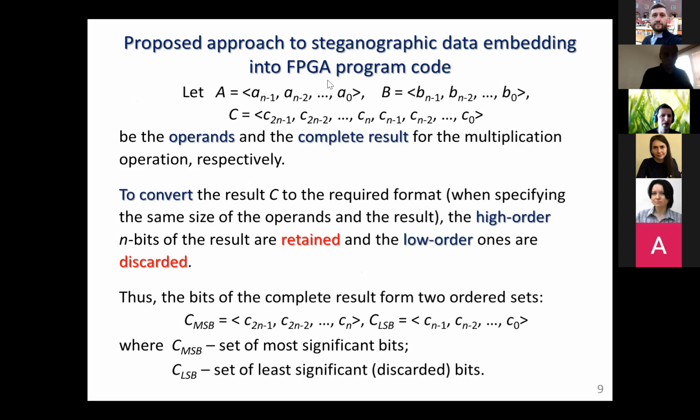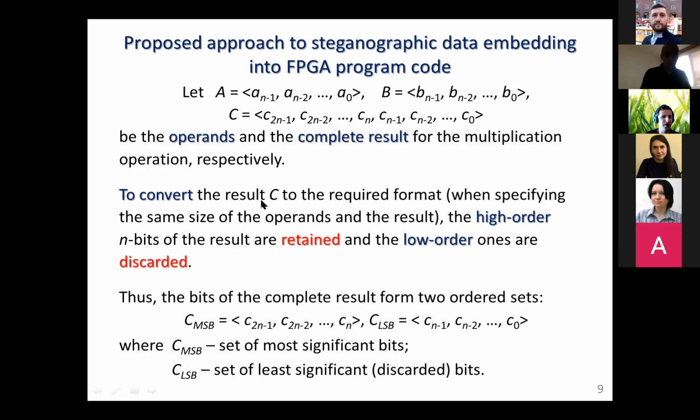Let A and B be operands with n bits, from 0 to n minus 1, and C the result of the arithmetical operation with 2n bits, from 0 to 2n minus 1.